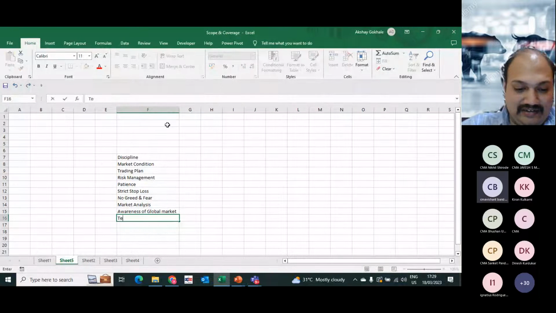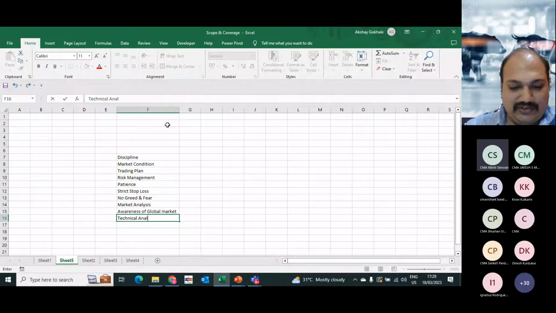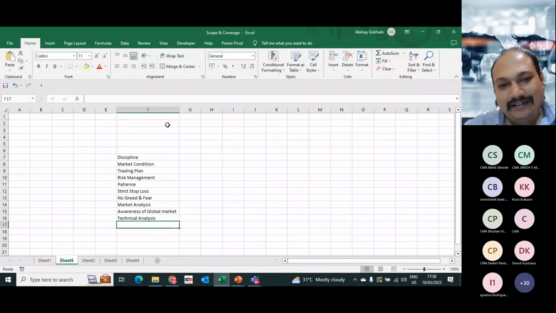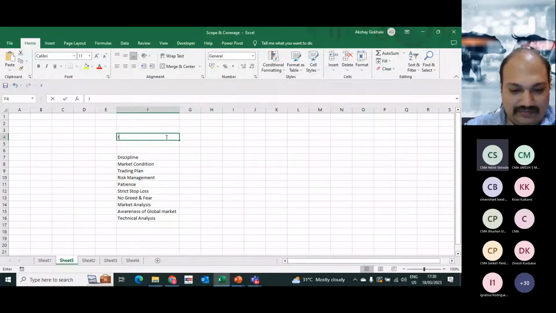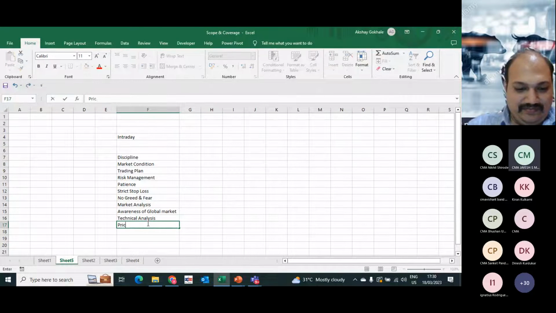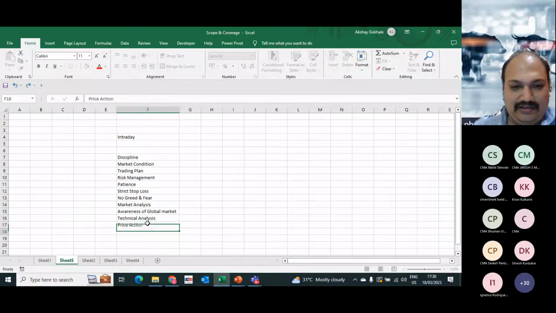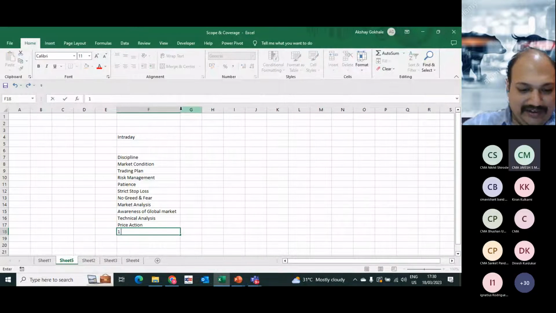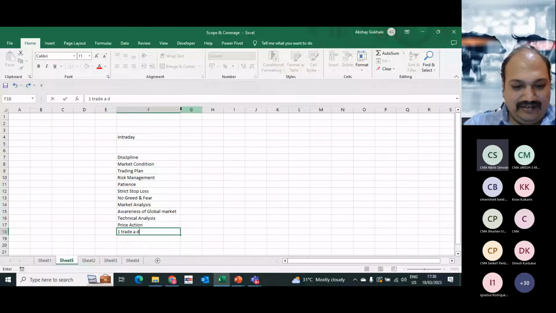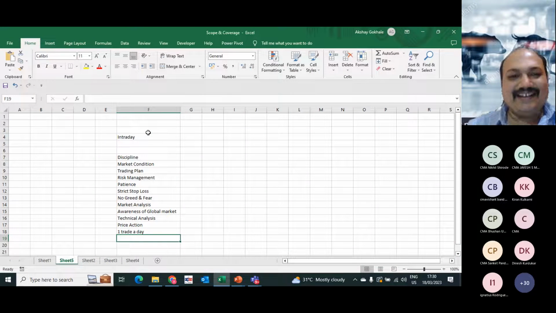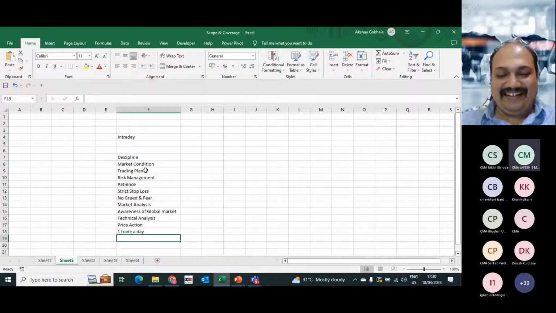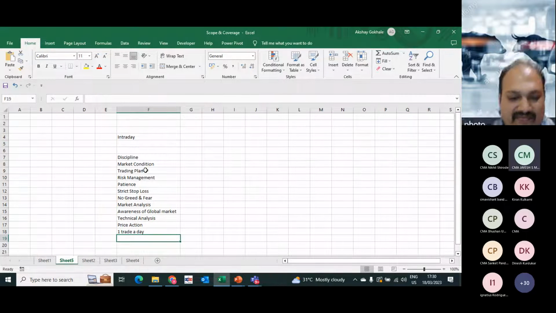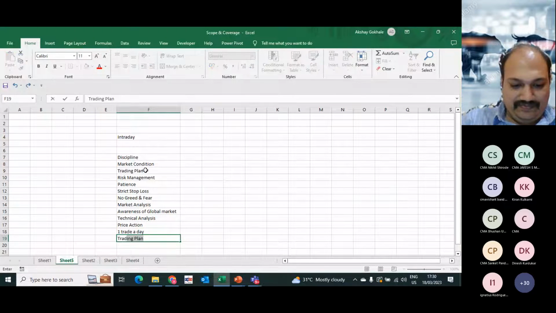Knowledge of price action. Then one trade a day. It's discipline, I think. Then trading psychology. What is that?